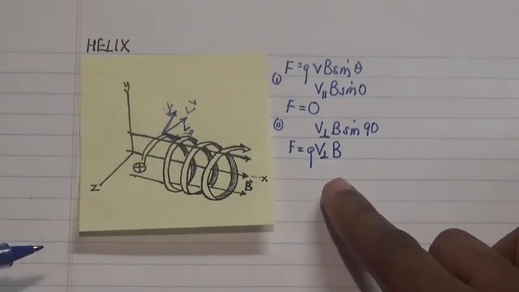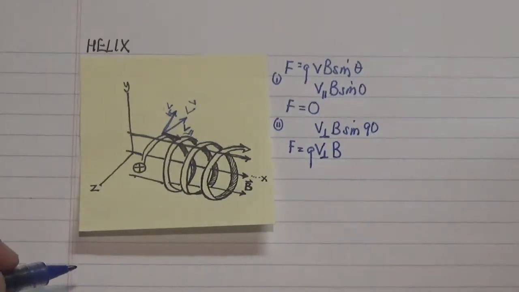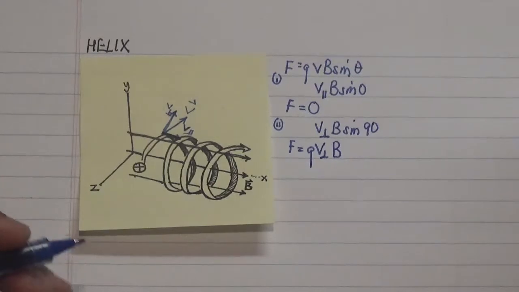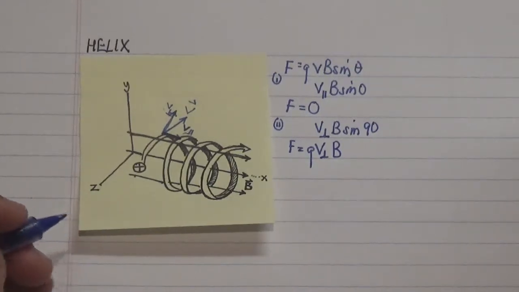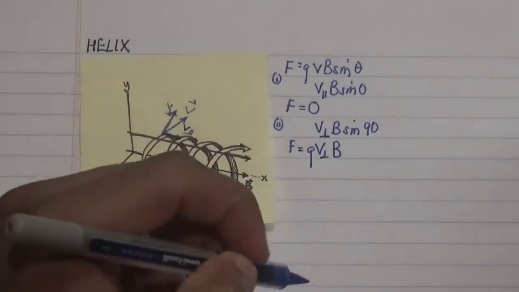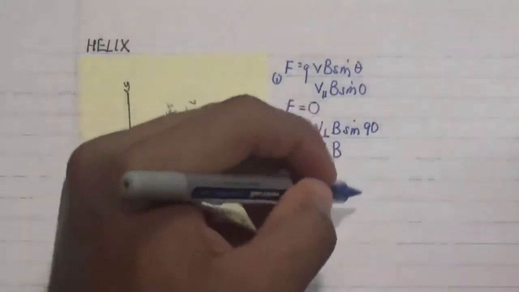Now, we need to notice that to find our velocity, there is a particular formula that is quite familiar, and how we determine this formula is based on when a charged particle is moving in a circular path.